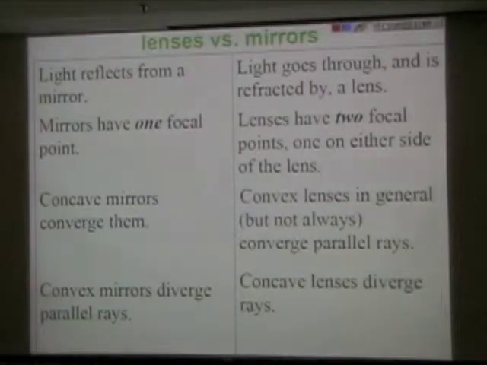Let's look at a couple of important differences and similarities. A mirror: light doesn't get through the mirror. It's getting reflected back.